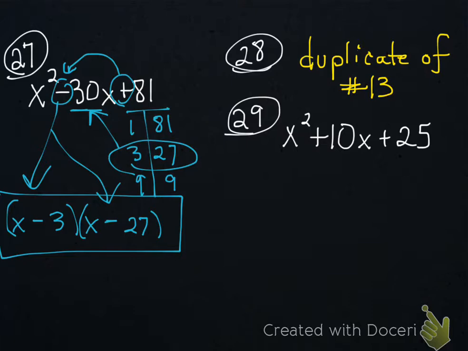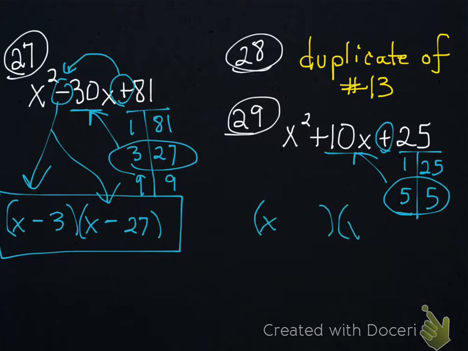Number 28 is a duplicate of number 13. Number 29. What are the factors for the constant? The constant is 25. My factors are 1 and 25, 5 and 5. The 25 is positive, so they have to add to give me the middle. 5 plus 5 equals 10.